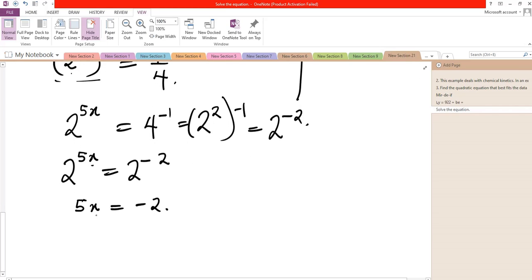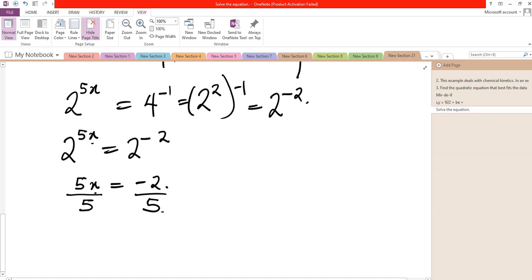Now to isolate x, you divide both sides of the equation by 5, so this will cancel out. You are now left with x at the left hand side. At the right hand side, you have minus 2 divided by 5, which is your answer.